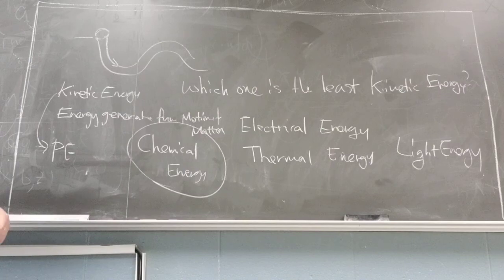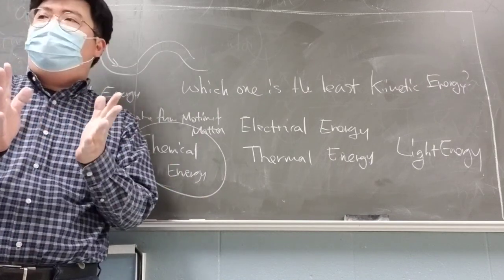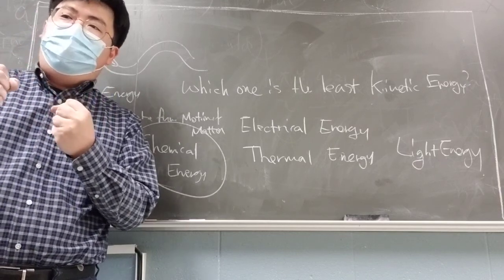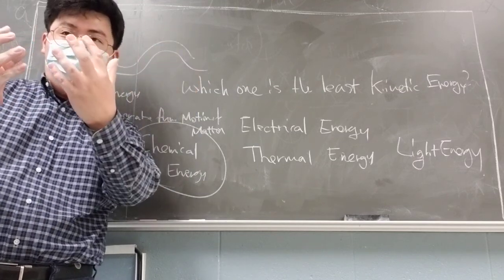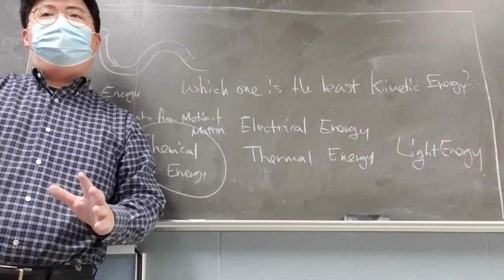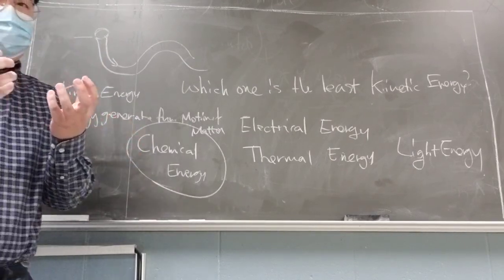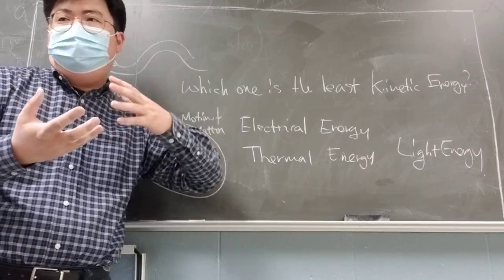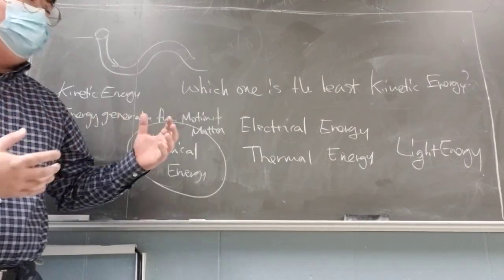But chemical energy is a kind of potential energy, because a compound usually has chemical bonds. To break a chemical bond, you need energy. That means when they form a chemical bond, they release energy, usually in the form of heat. So this is the amount of energy already stored in the compound, and they can use it for some other biochemical energy or chemical heat energy when they do a chemical reaction.